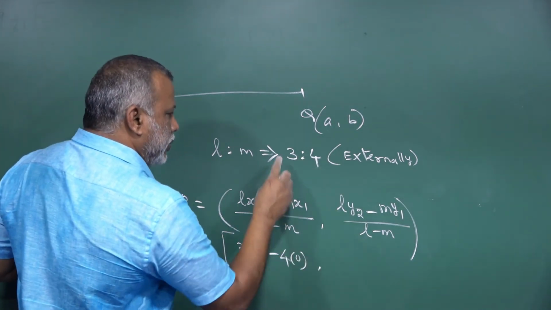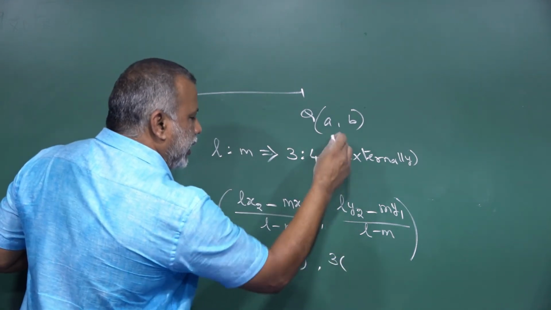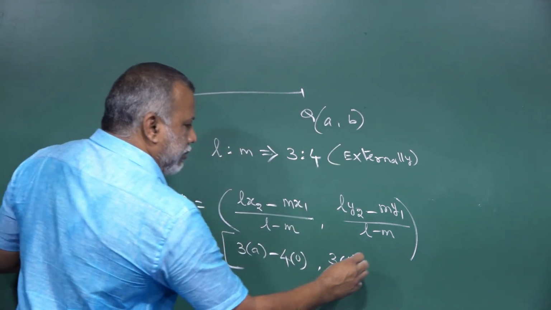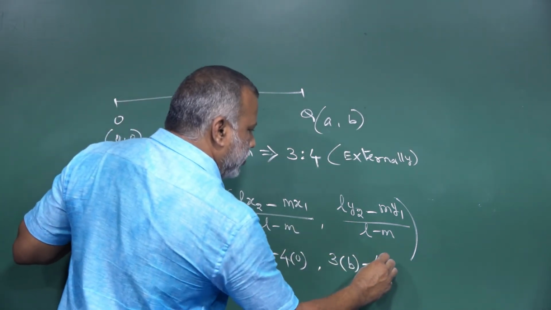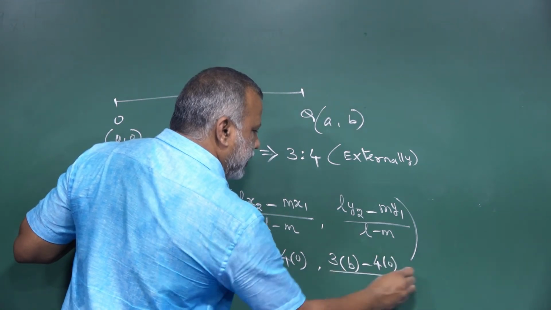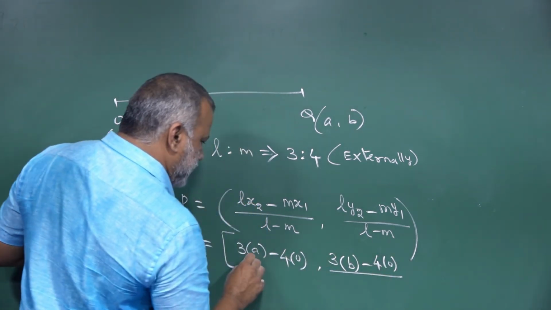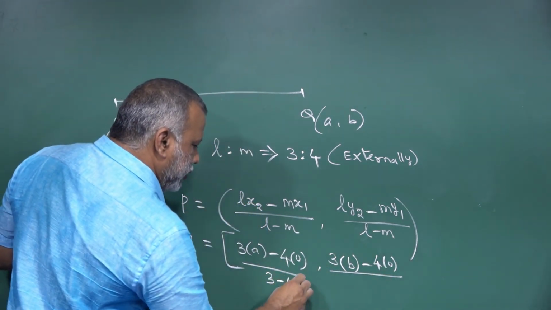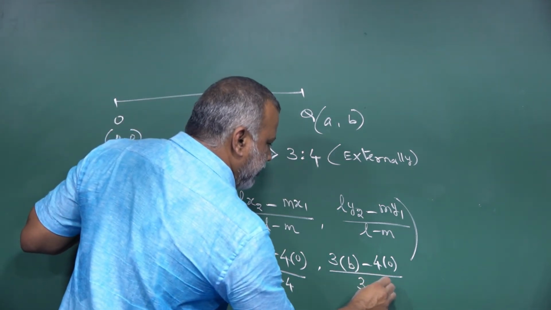Comma, Ly2 minus My1. Once again L is 3, y2 is B, minus M is 4, y1 again 0, divided by L minus M, which is 3 minus 4.